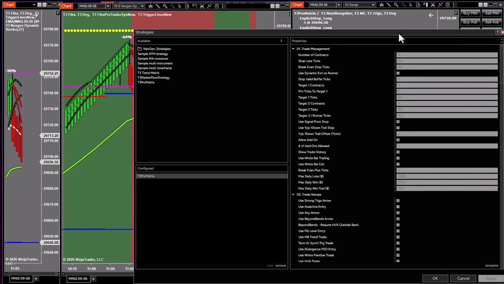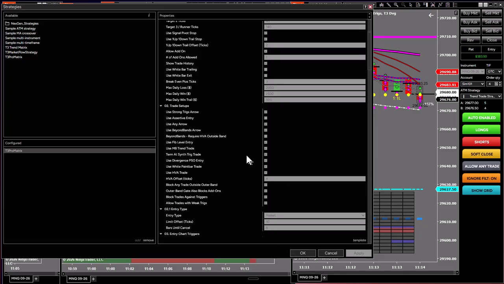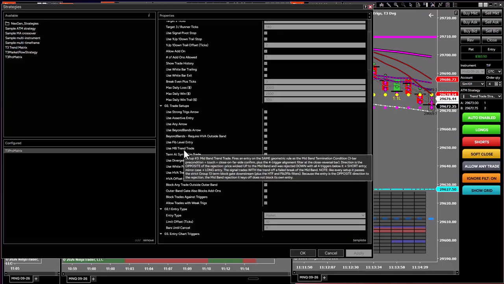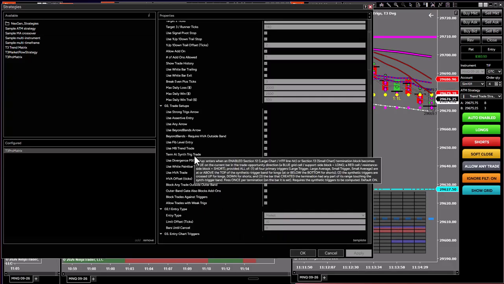So here, just to read them off to you. Strong trigger arrows, assertive entries, any arrows, beyond the band arrows. Then we have entries off of fib levels, entries off of the mid band, terminations at synthetic triggers for a trade.